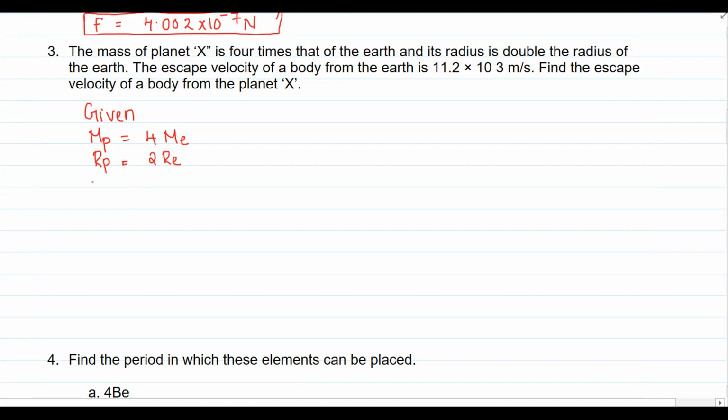Escape velocity from Earth is given, V escape is equal to 11.2 into 10 raised to 3 meter per second. Find the escape velocity, that means to find escape velocity from planet.